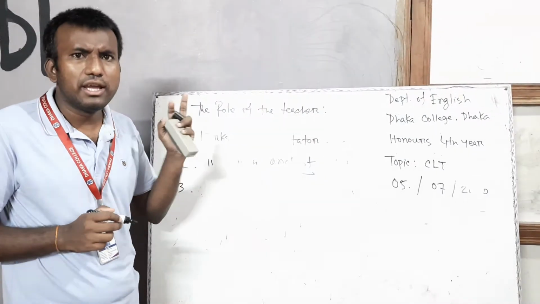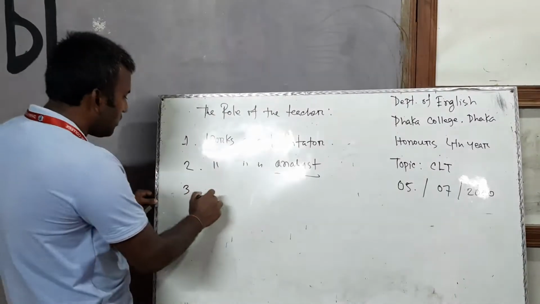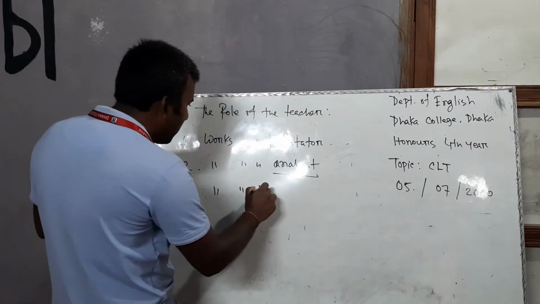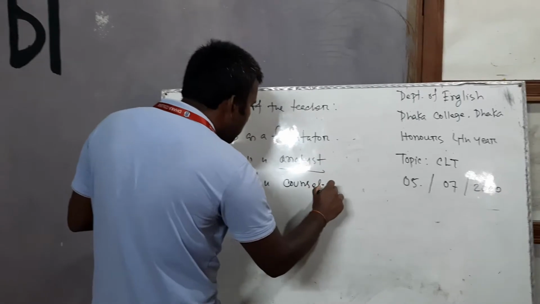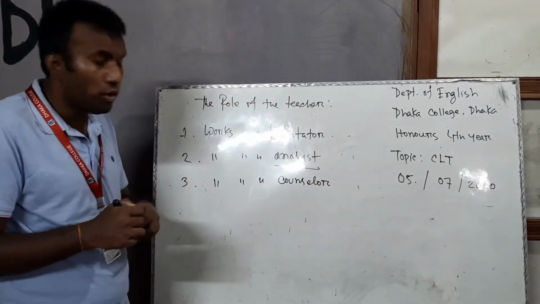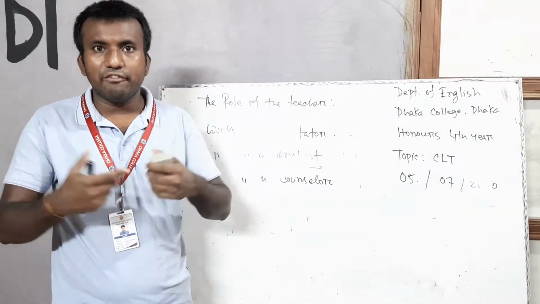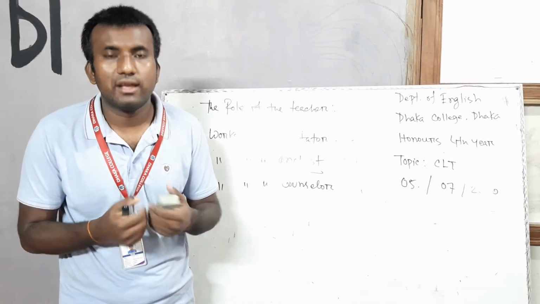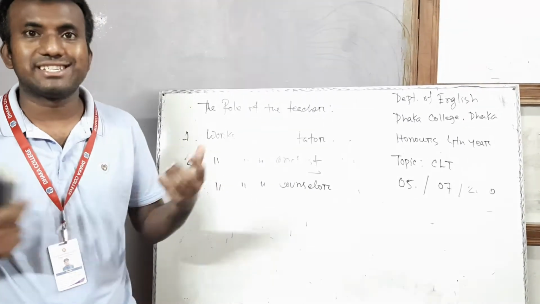The teacher is a good counselor of this system. So the teacher works as a counselor. We know that in the classroom, there are different categories of learners. Some are really talented to understand everything.